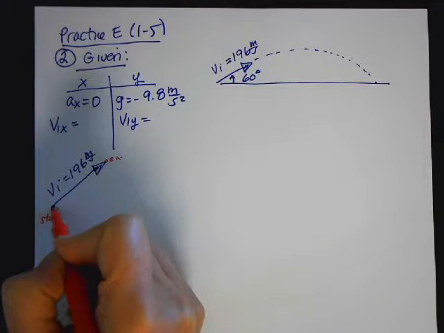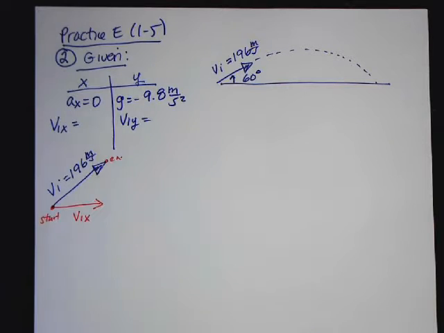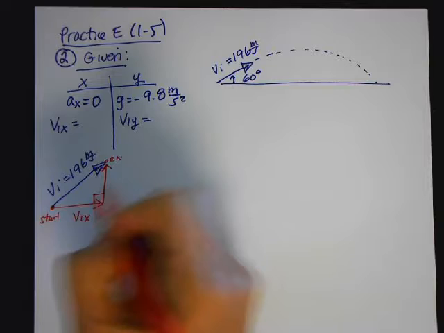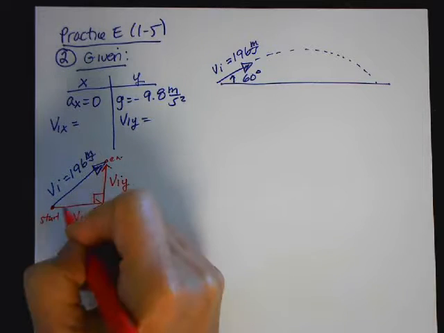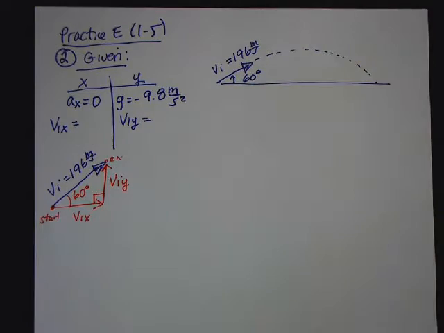So first I'm going to go horizontal. This is VIX. From the head of this vector, I'm going to do the tail of the other, because the components have to be perpendicular, and this is VIY. And this is 60 degrees. Now, do I use sine, cosine, or tangent?